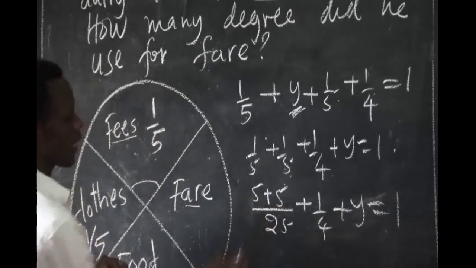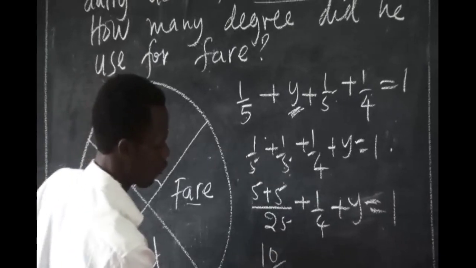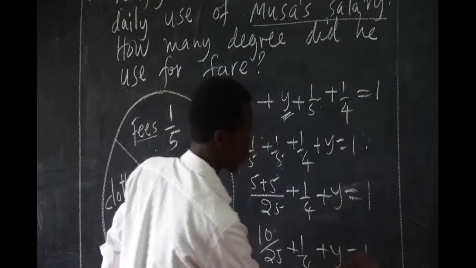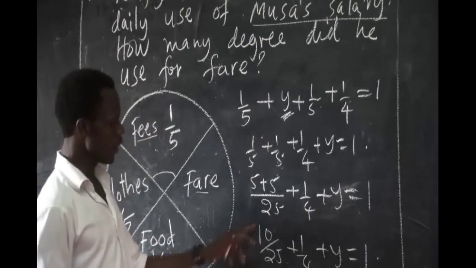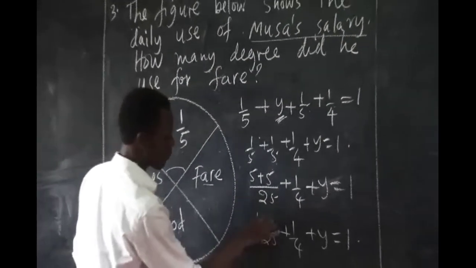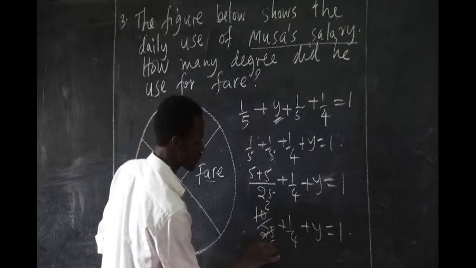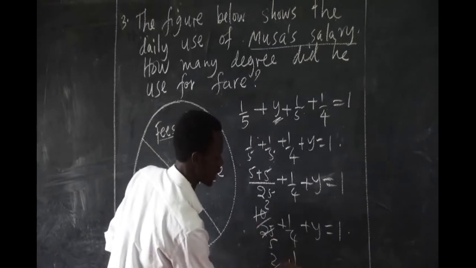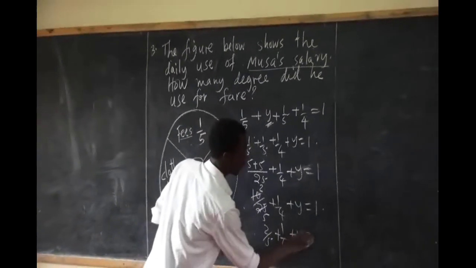Now collecting the like terms, we just have 10 over 25 plus 1 over 4 plus y is equal to 1. Now by doing so, we can simplify. By 5 it is 2, by 5 it is 5, is equal to 2 over 5, then plus 1 over 4 plus y is equal to 1.